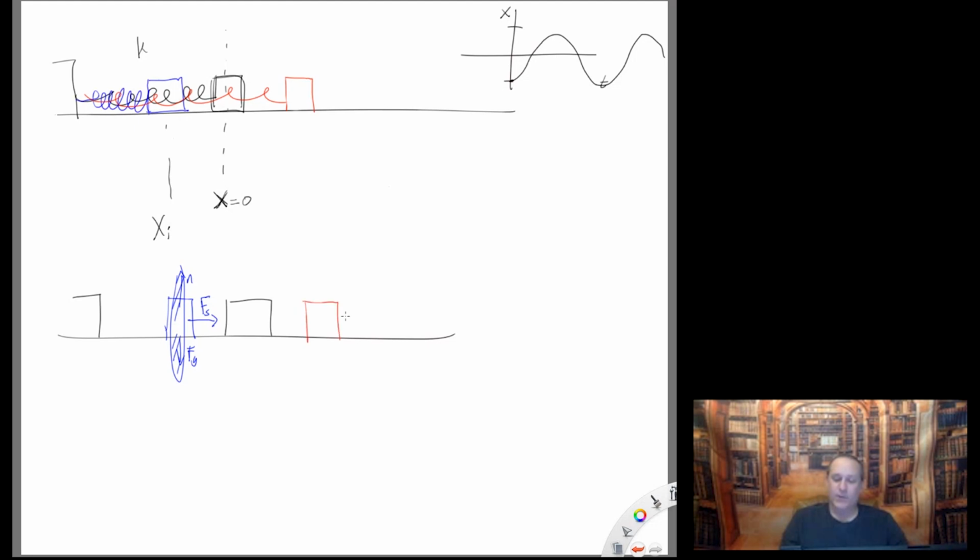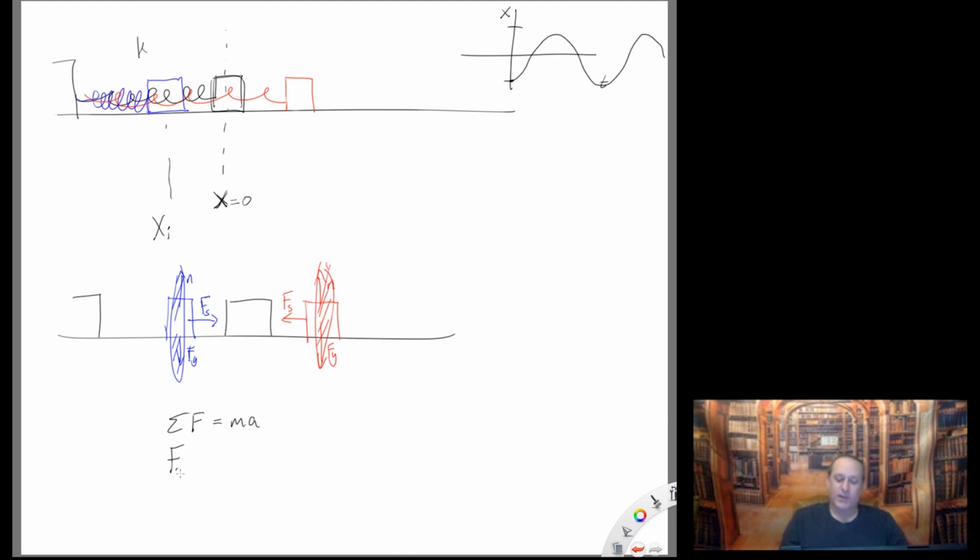When we're in the red position, the force from the spring has changed directions. And again, the normal force and the force of gravity are going to cancel out. So really the only force we have to pay attention to is the spring force. So if we were to say net force equals ma, the net force is given by Hooke's law.